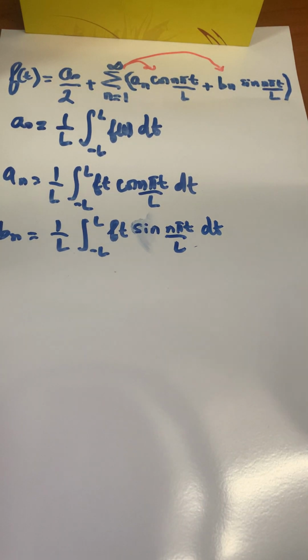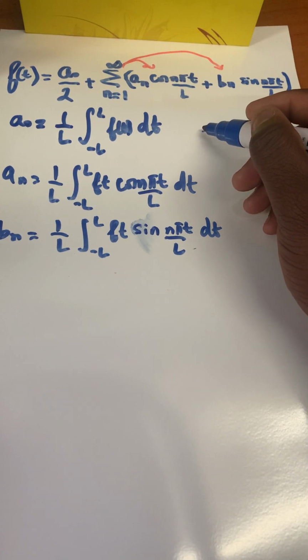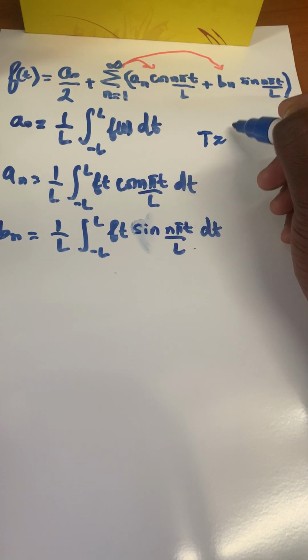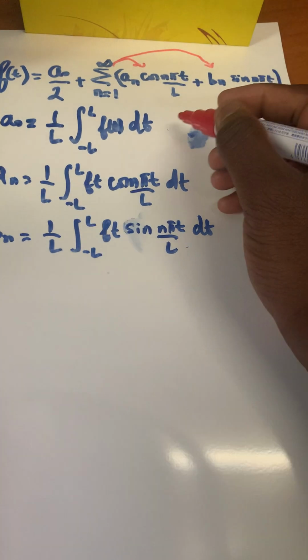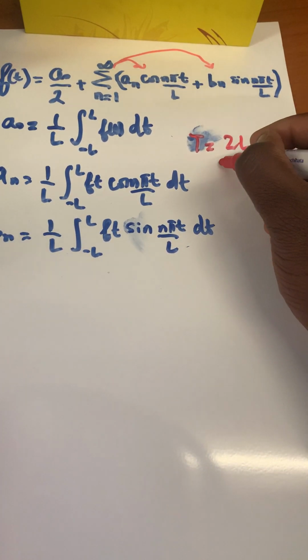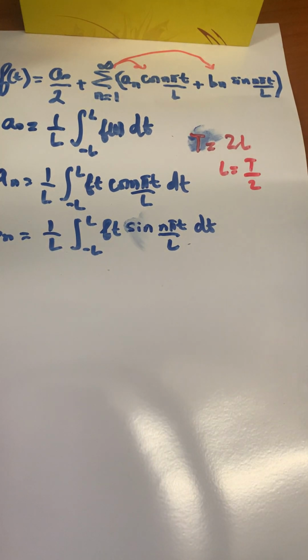Now what is L? We have a relationship between the period and L: the period T equals 2L, and then L will be equal to the period divided by 2. Those are the things that you need to know about Fourier series.